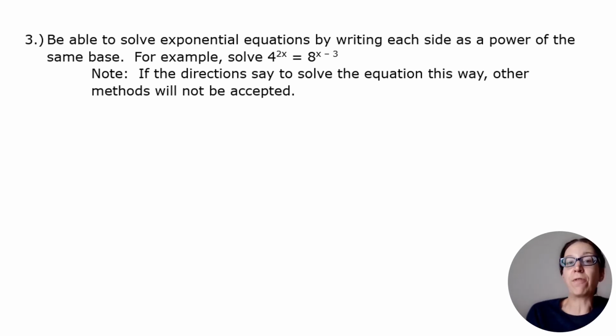If you use a logarithm to solve this, I'm not giving you any credit, because we haven't covered how to do that. It is solvable with a logarithm, but it's not the best way to solve it. So pause the video, see if you can solve this by writing each side as a power of the same base, and then unpause it and we'll go over it.